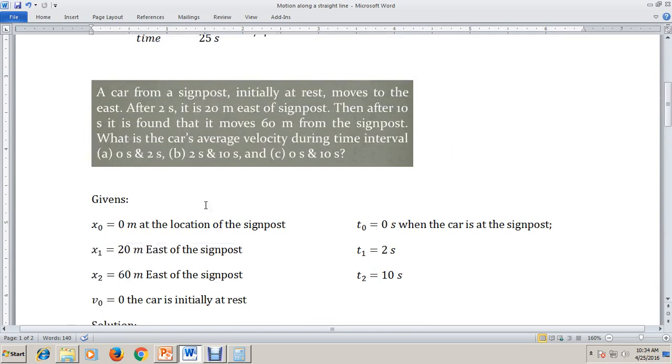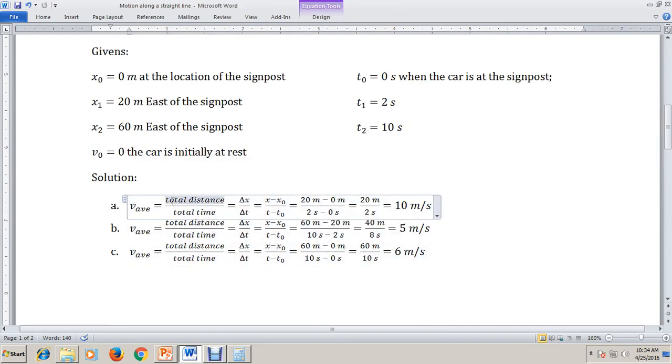Average velocity is actually displacement over time, so that is delta x over delta t. This is x minus x sub 0 as a generic solution. This is actually x sub 1 minus x sub 0.